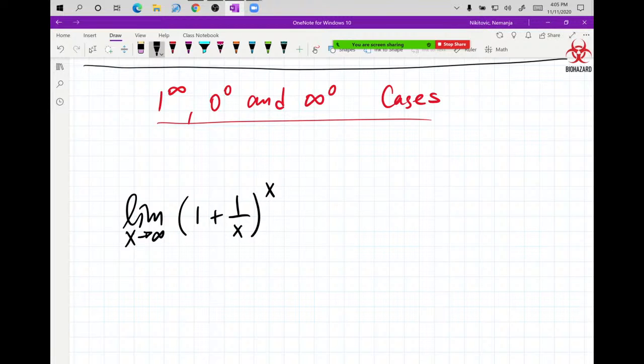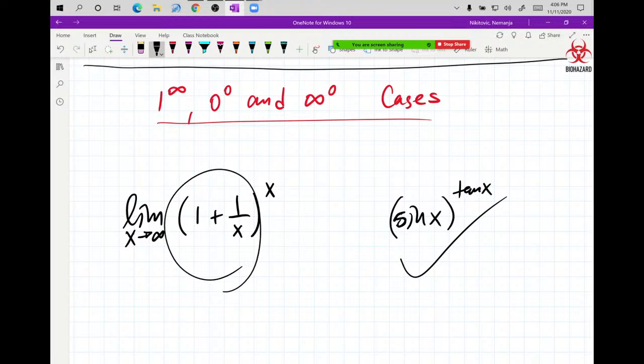So, first of all, your problems need to look exponential. So if you have, let's say, sine x raised to the tangent x, that's good, right? That's this form, because you have one trig function as the base and the other one as the exponent. So this is okay of a problem.